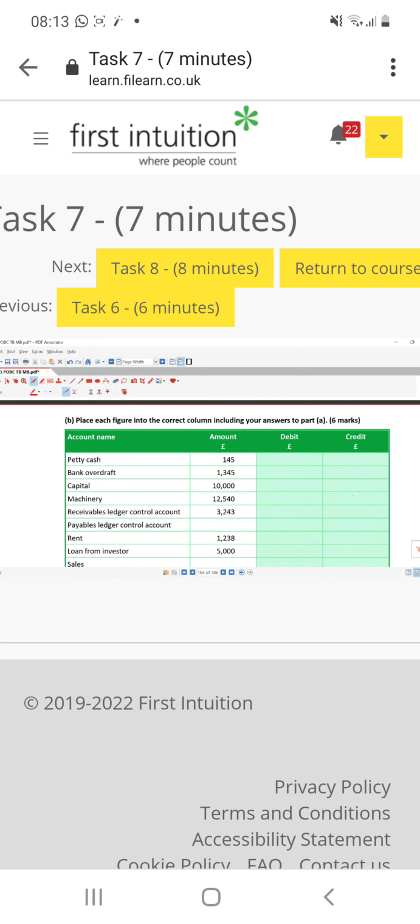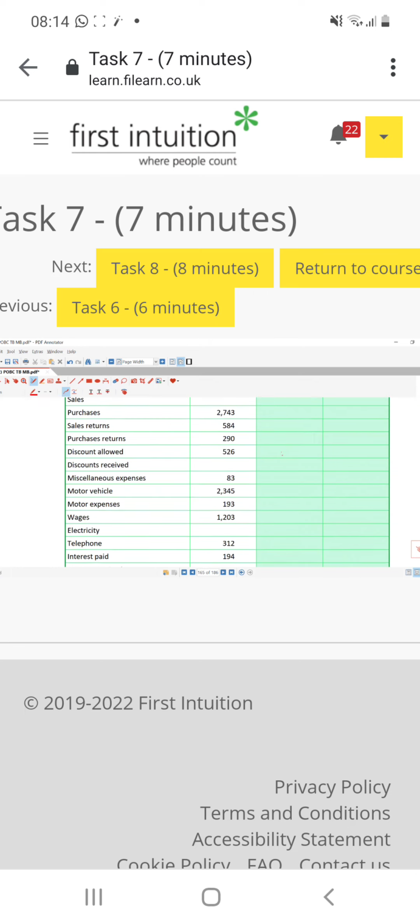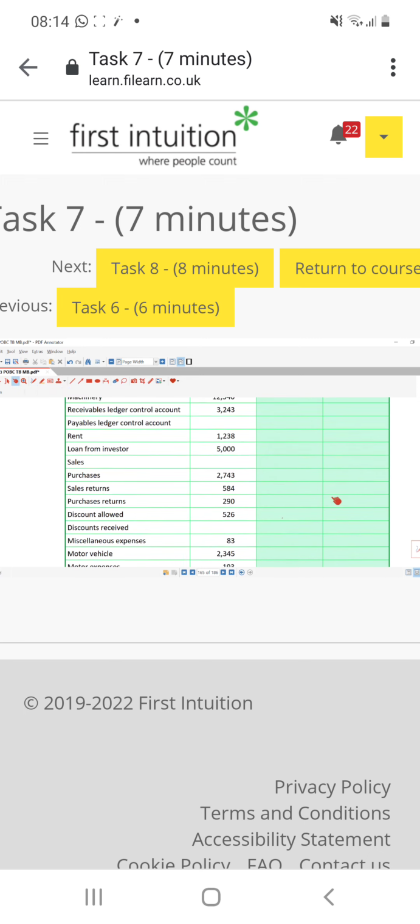And all that they wanted us to then do, using that information, is place each figure into the correct column using your answers. So this isn't just for the ones that we have just been doing, but for all of these accounts. So for petty cash, which is an asset we know, remember in our principles of debit and credit, will be on the debit side.